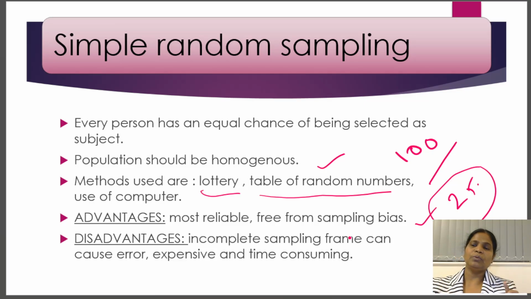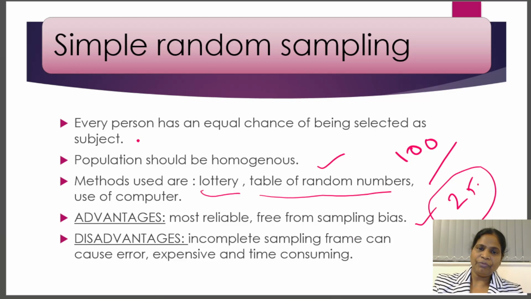None of them should be excluded. In a lottery, we say 100, but some are not present and their numbers might be missed. That is an inadequate sampling frame.